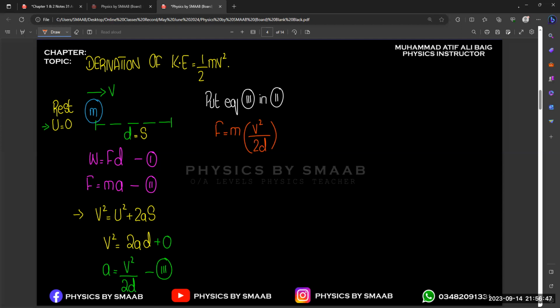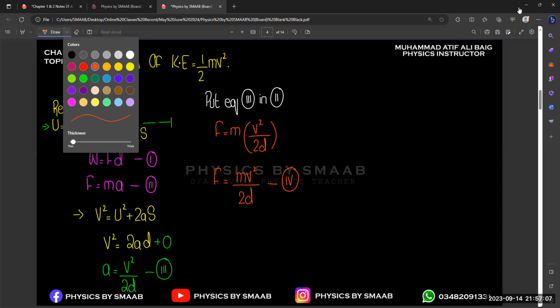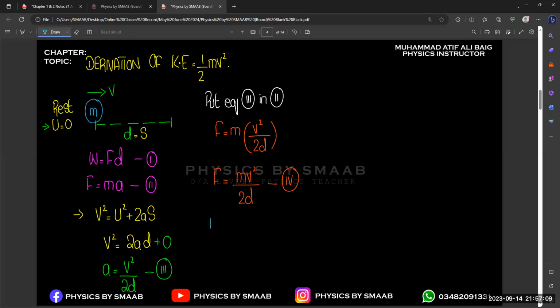If we open up the bracket, F equals mv squared over 2d, right? And finally we got the value of F, and we just need to substitute this equation back in equation number 1. Then you will get your final result.